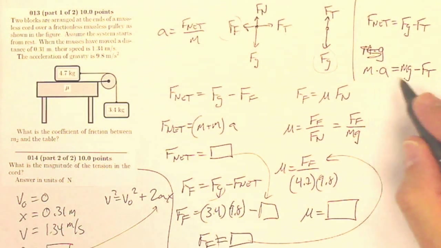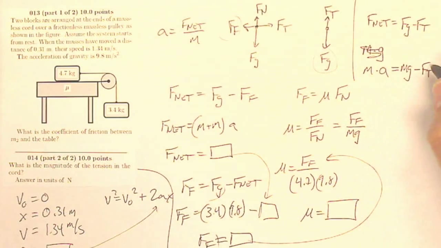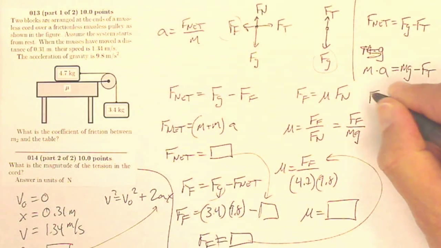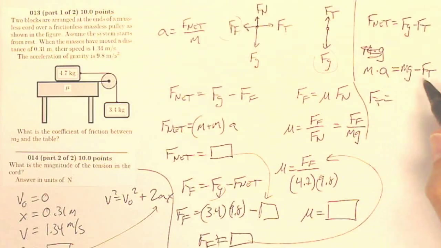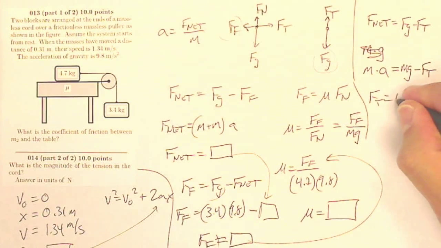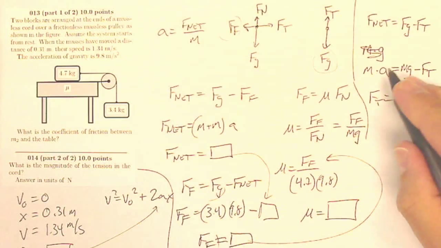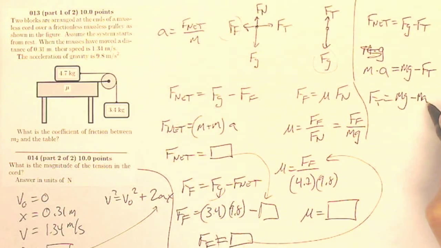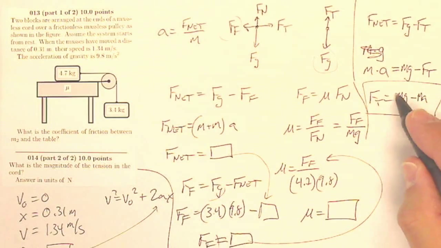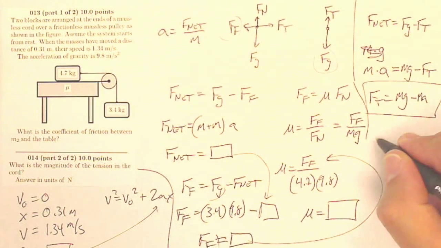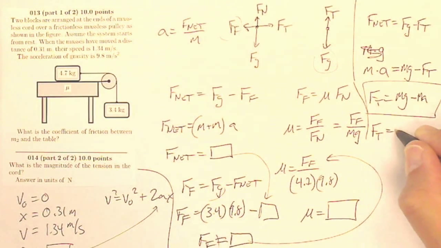So now I can solve for my tension because it's going to be, move this over, so my Ft is going to equal my mg of just the small block minus ma of just the small block, the a from everything, but that's the mass of the small block. Hopefully you can figure that one out. And if you notice, the m's are going to factor out, so I could also say that my tension is going to be mass times g minus a. That'll give me my force of tension.